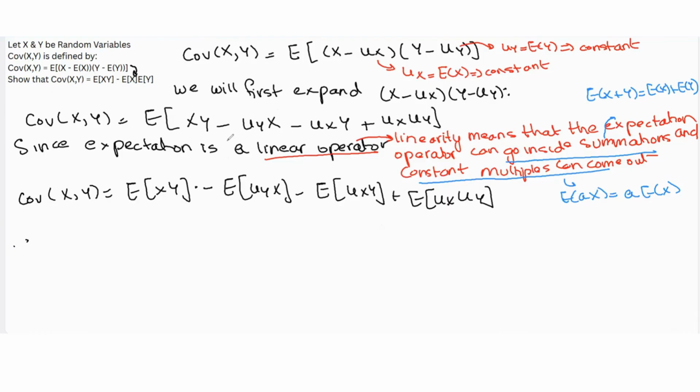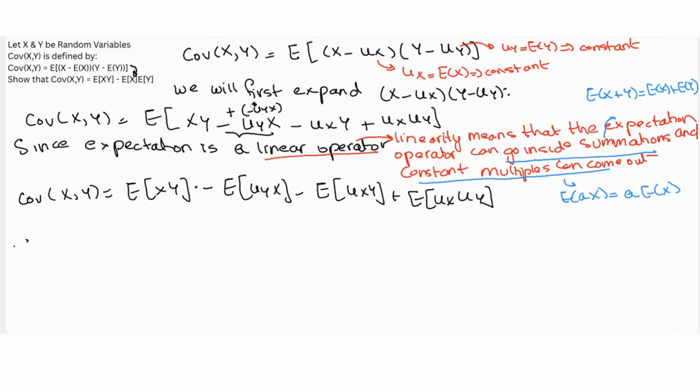We're using the fact expectation is a linear operator. Although instead of a sum, we have minus here, you can still think about it similarly. Because we could have written this as plus minus mu of Y X, then expectation of a sum becomes the sum of expectations, right? And then constant multiples can come out, so the constant multiple minus 1 could come out.